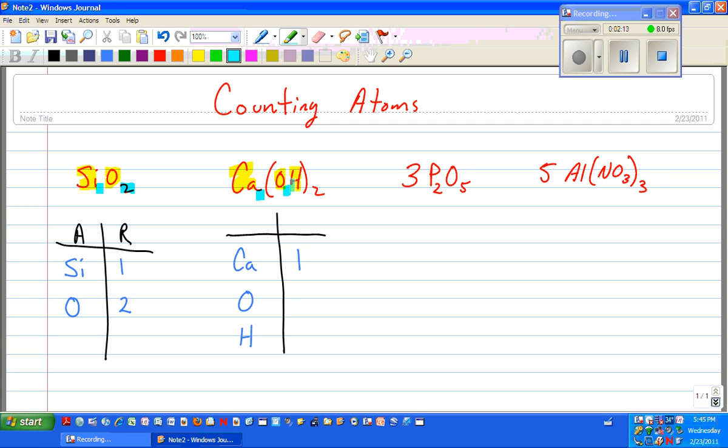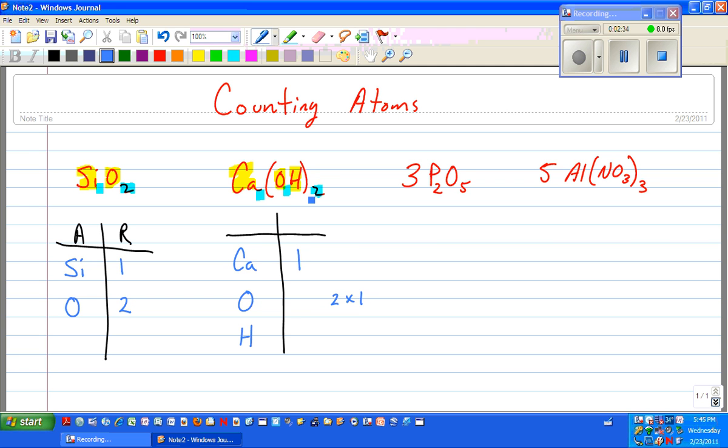For oxygen, there's no subscript here, but notice I've got this 2 on the outside of these parentheses. Just like in math class, what I would do is distribute or multiply that 2 by everything inside the parentheses. So what we would wind up with for the oxygen is 2 times 1. Here's my 2.